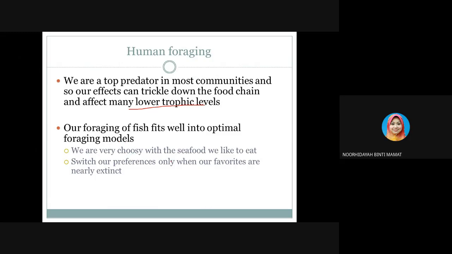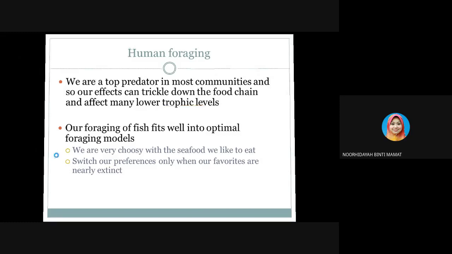We always like to eat seafood, and we sometimes switch our preference when our favorites are nearly extinct. So this is why our foraging behavior fits well into optimal foraging models.